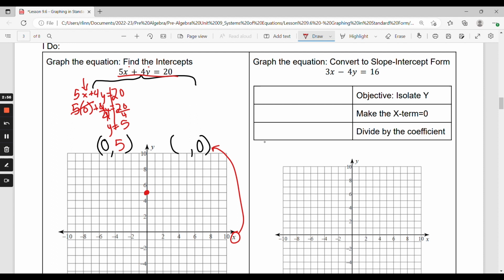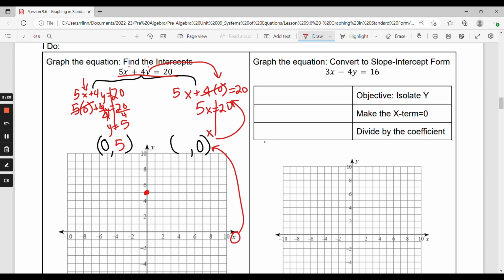Since my y value is 0, I'm going to say 5x plus 4 times 0, because my y value would go there normally, but I'm going to use 0 in place of my y value, and that's going to equal 20. Now 4 times 0 is 0, and 0 plus anything is just itself, so I have 5x equals 20.